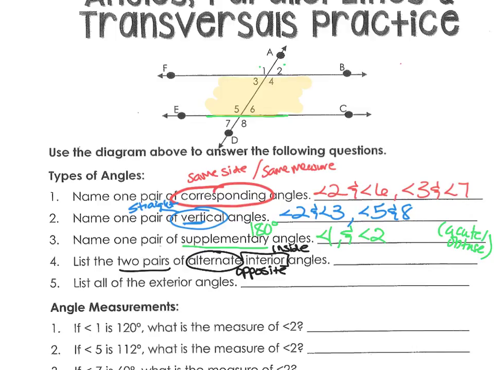So alternate means opposite, interior means inside, 5 and 4 would be a good example. Angle 5 and angle 4. They're on opposite sides of the transversal, and they're on the interior. So that would mean angle 3 and angle 6 would also be the same.